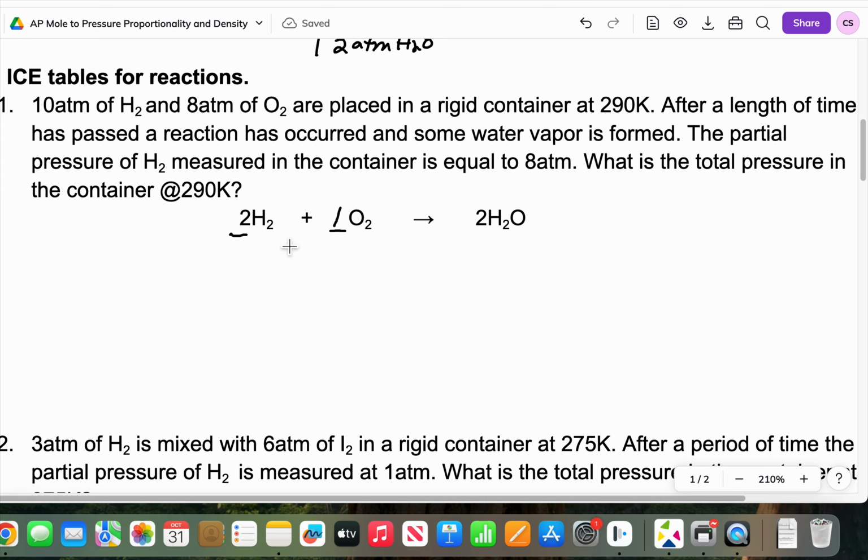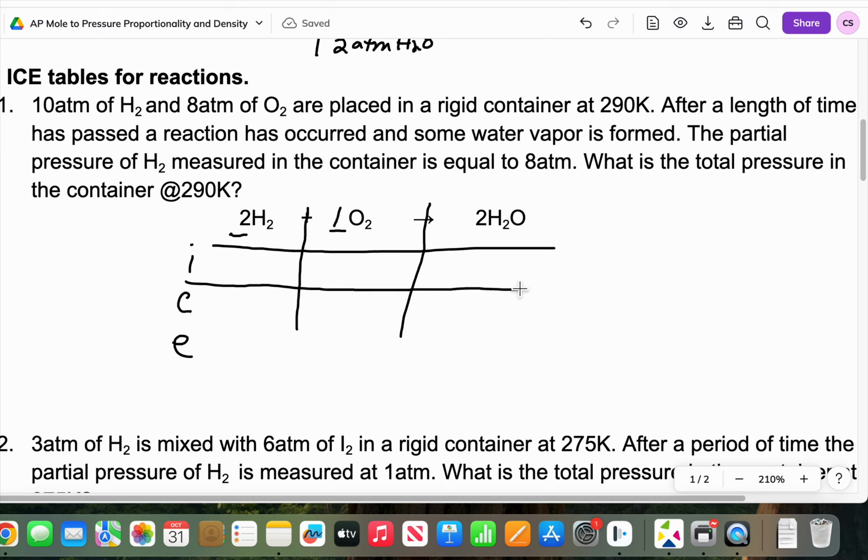If there's no number, that means 1. I like to make this thing, I call it an ICE table, but let me draw it. We have initial, change, and then a lot of times they call this equilibrium, but we're not necessarily doing an equilibrium problem. You can think of E as at the end of the reaction.